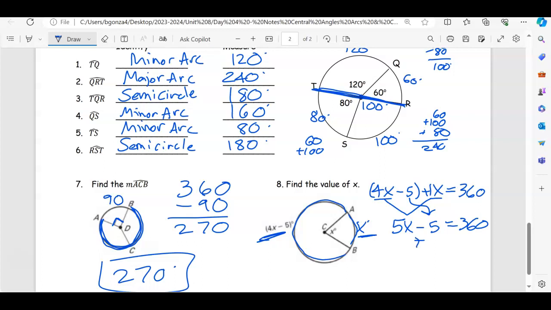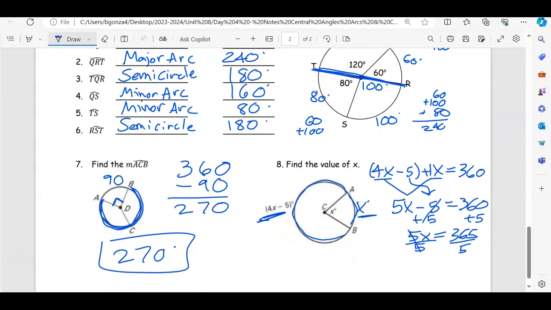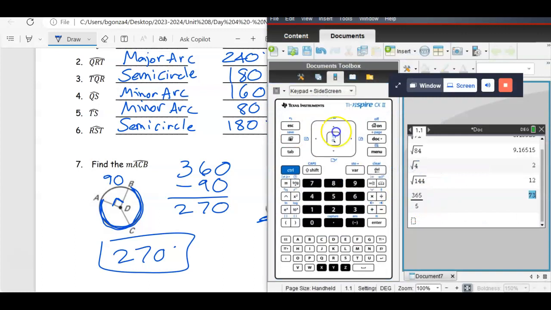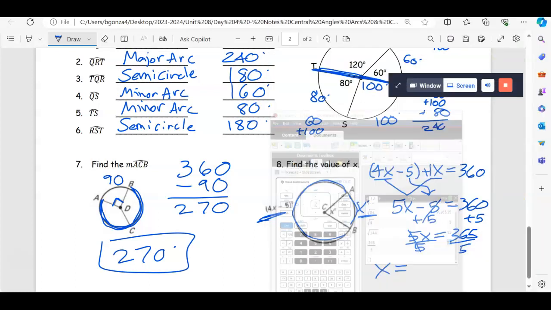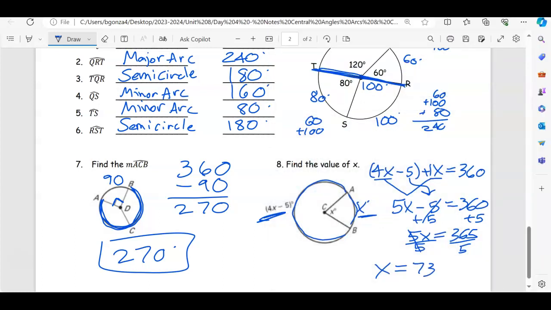You can get rid of that loner, minus 5, by doing the opposite. You add 5 to both sides. 5x equals 365, and then you can divide by 5, and you will get x equals 365 over 5, which is 73.